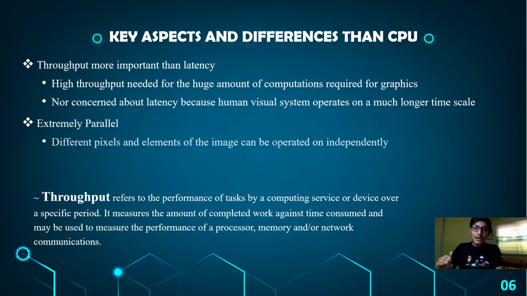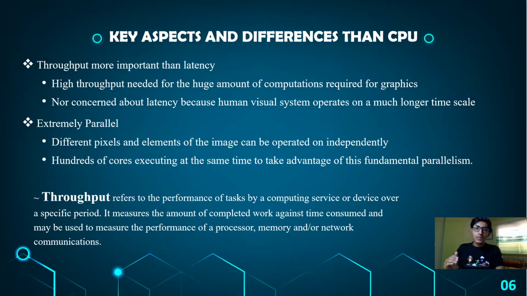So the key aspects and differences than CPU. We talk about the difference between a CPU and GPU. It came to my mind about a video that I saw about NVIDIA, which was breaking the myth about the speed capacity between a CPU and a GPU.